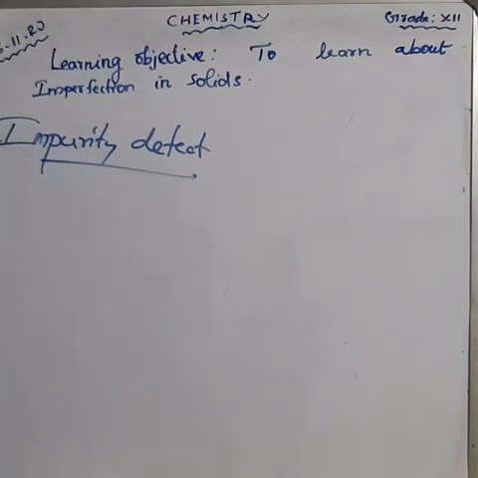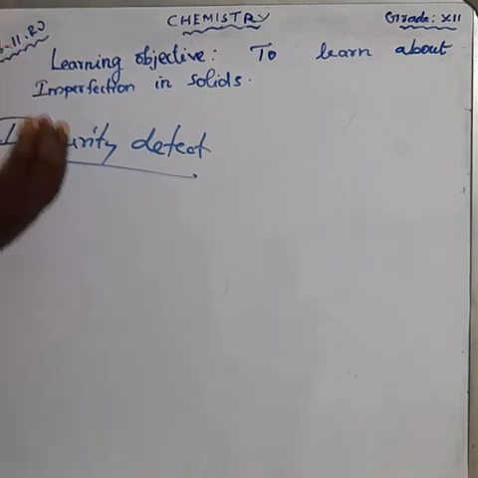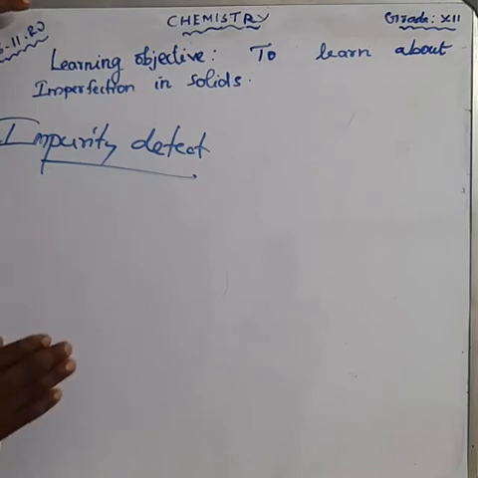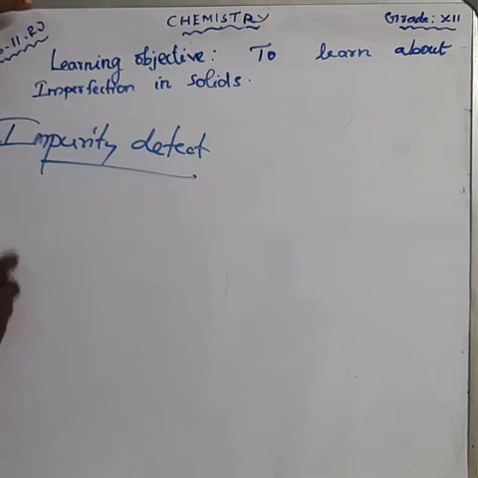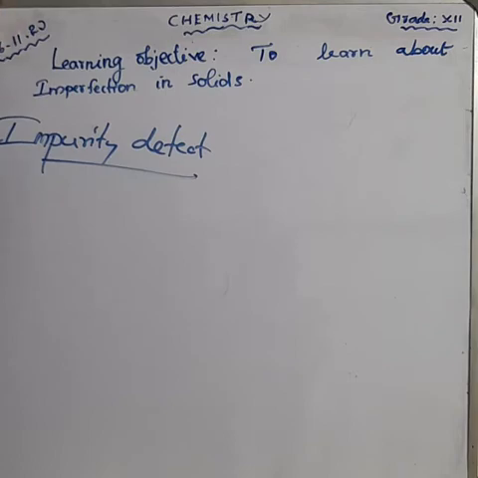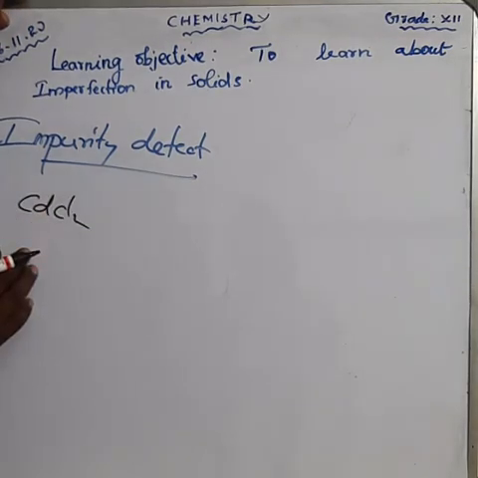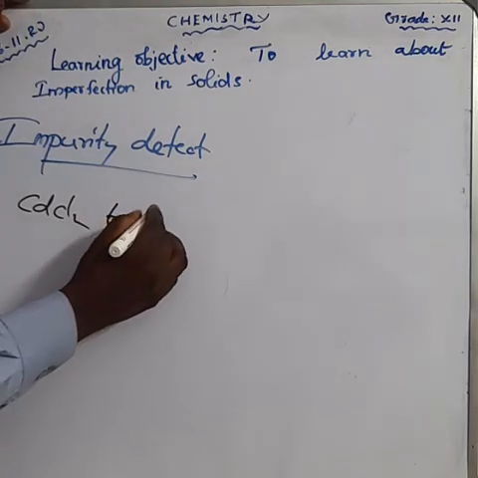Here, the impurity ions have a different valency state from that of the host, not the same valency state. Vacancies are created in the crystal lattice of the host. For example, cadmium chloride, CdCl2.